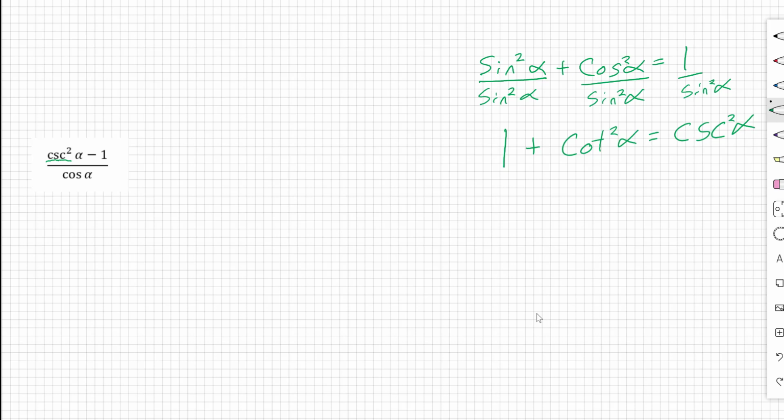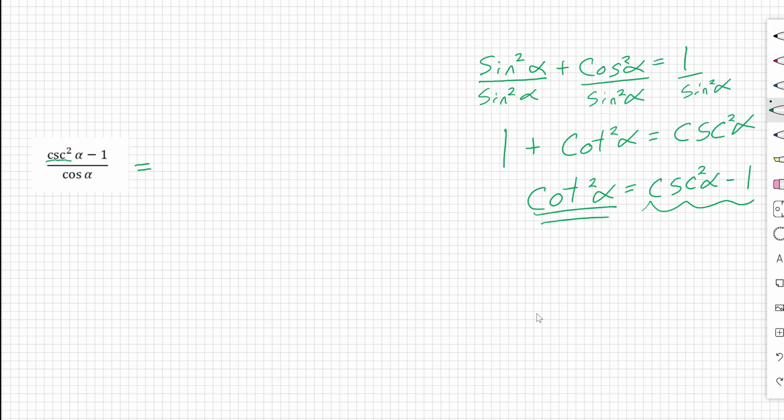So what I'm going to do is play with this equation and see if I can turn it into a cosecant squared alpha minus 1. That gives me cotangent squared alpha equals cosecant squared alpha minus 1. Okay, that'll work. So I can replace this cosecant squared alpha minus 1 with a cotangent squared alpha.